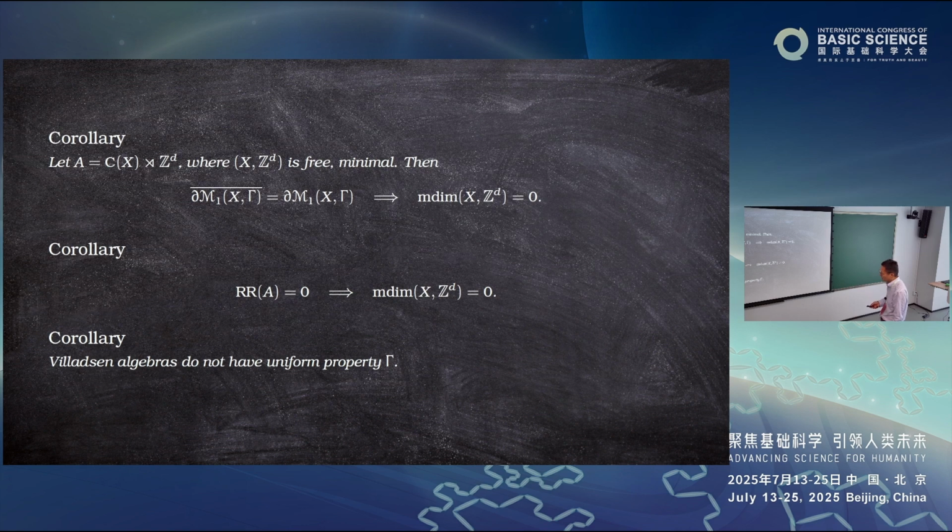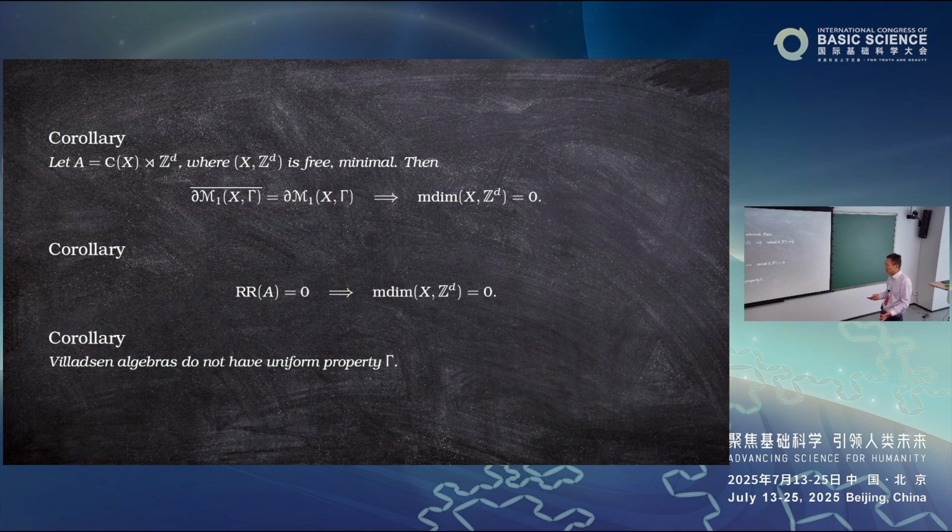And here is some C*-algebra corollary. For uniform property gamma, it was conjectured for a while that all nuclear C*-algebras have uniform property gamma.